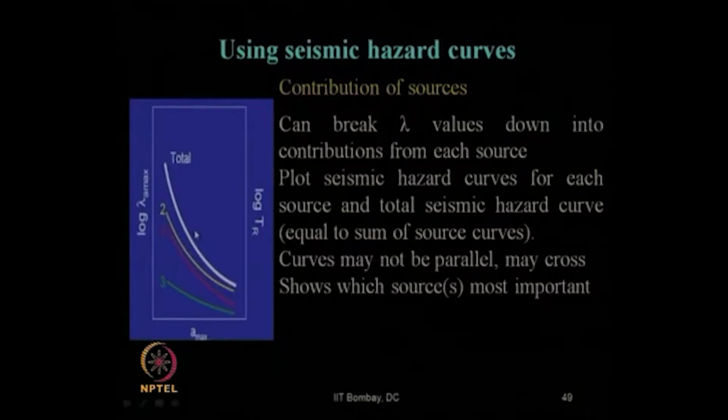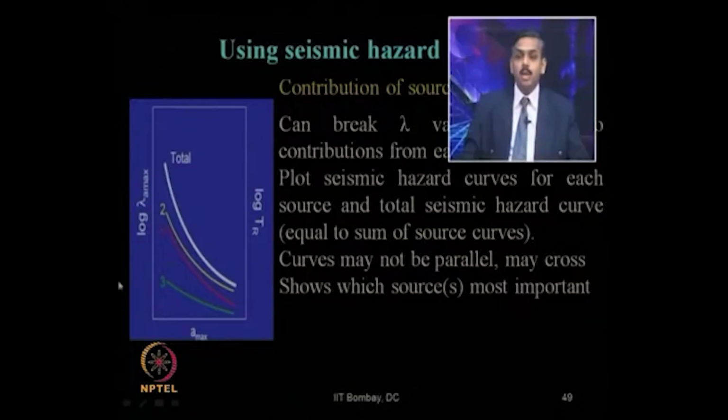Now, if you want to know how individual sources affect your seismic hazard curve, suppose a geologist or seismologist gave you information, say source 1 is more active in the recent past 100 years period, whereas let us say sources 3 and 2 are not so active in the last 100 years.